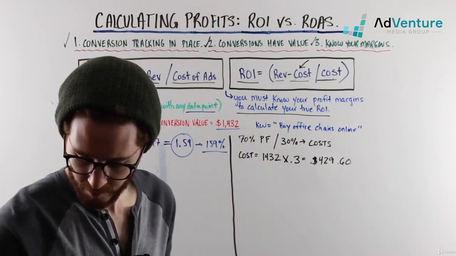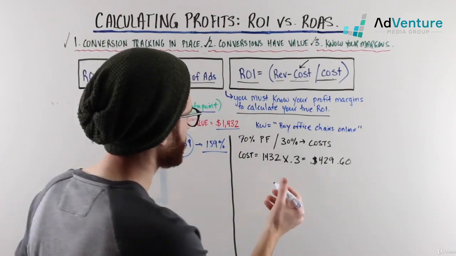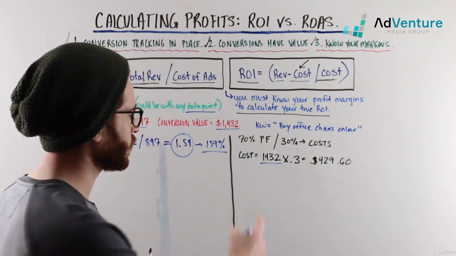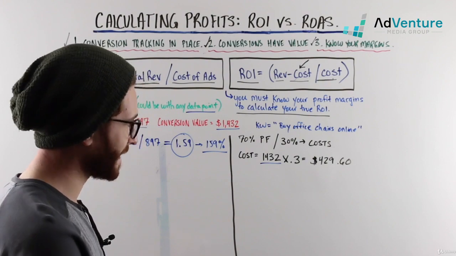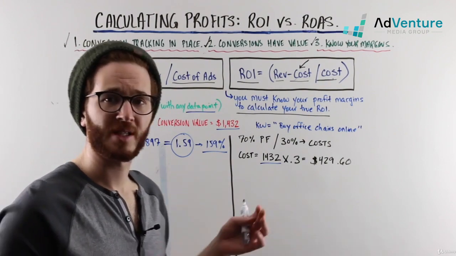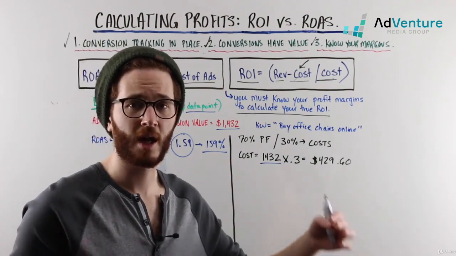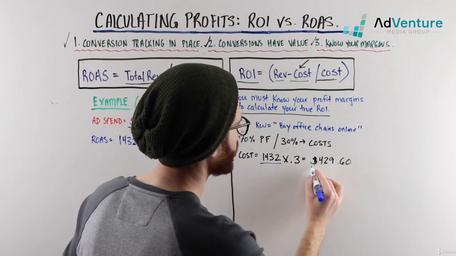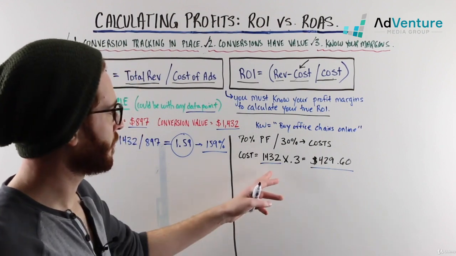So it might look complicated, but it's very simple. What we're saying is, in this total revenue, our AdWords account told us that we made $1,432 from our ads. But because I know that 30% of that goes to servicing the client or whatever it is, it's not profit, we need to take out $429.60 from $14.32.